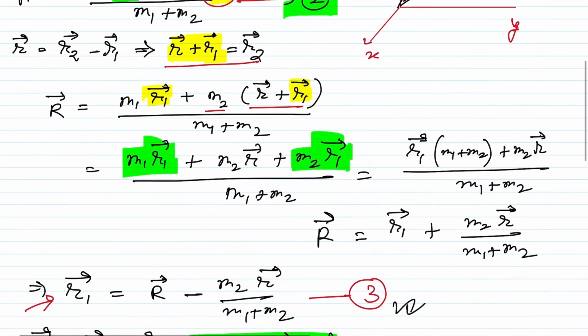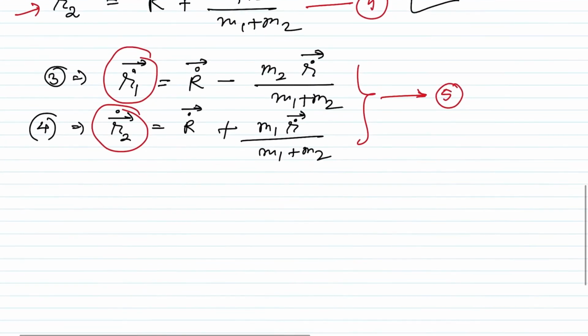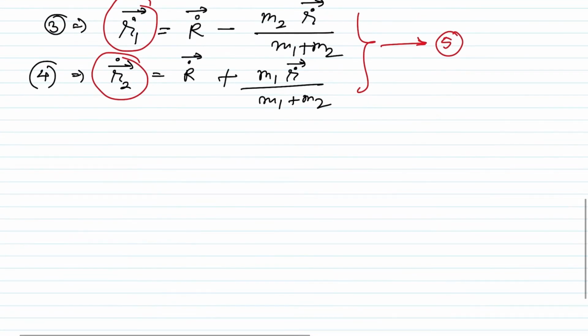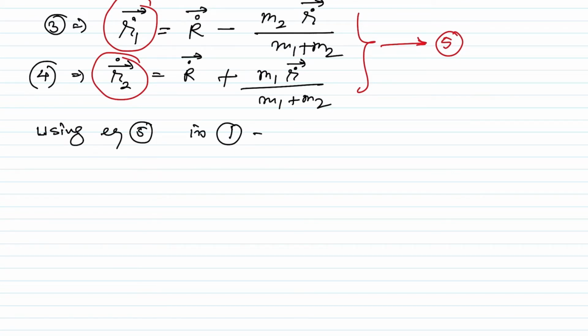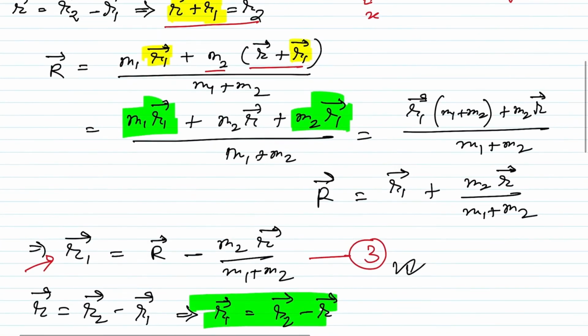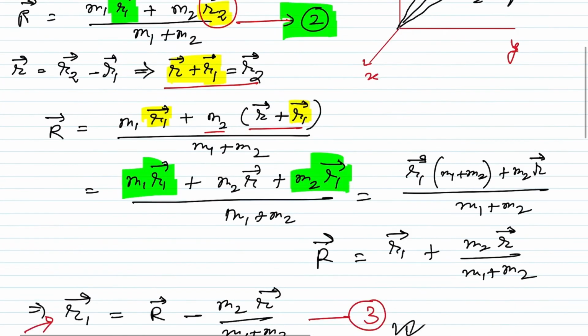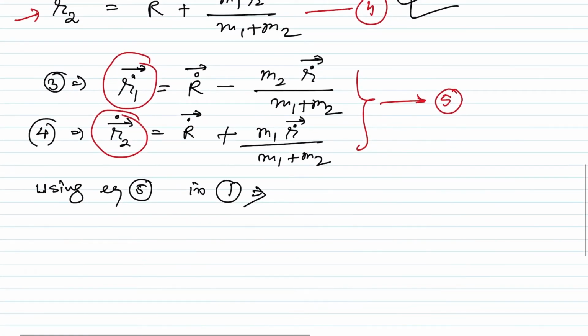If you put these two values from equation number 5 in equation number 1, let me show you again here. Replace this r1 dot vector and r2 dot vector by these two values.